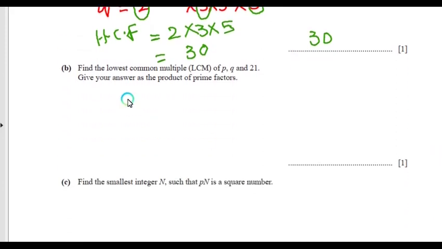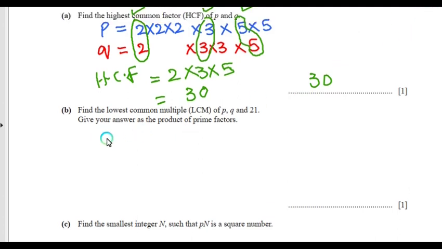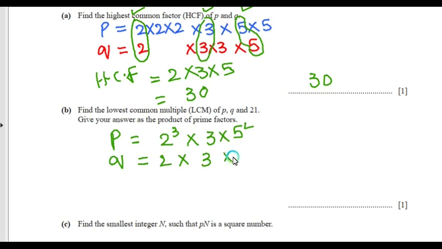Okay, the next part is to find the lowest common multiple, LCM, of P, Q and 21. First I'm writing P. P is 2 cube multiplied by 3 times 5 square. And then Q. Q is 2 times 3 square times 5.